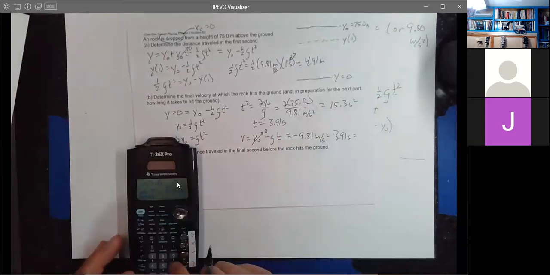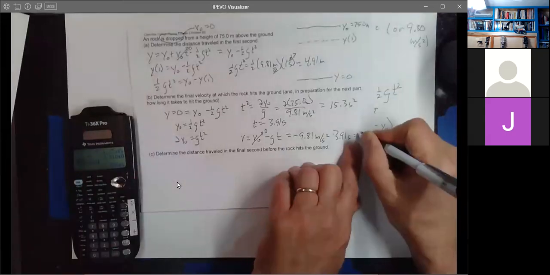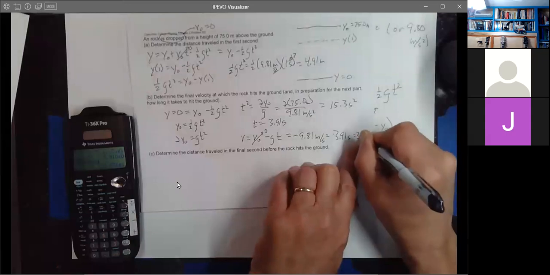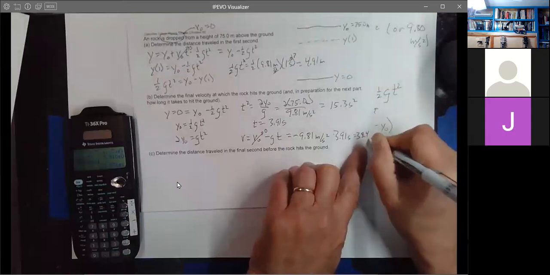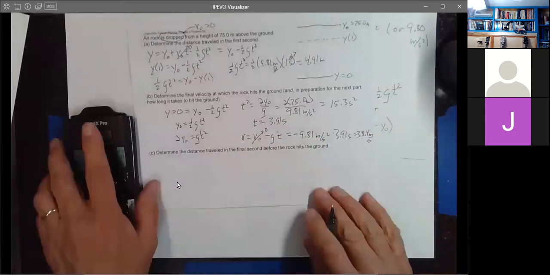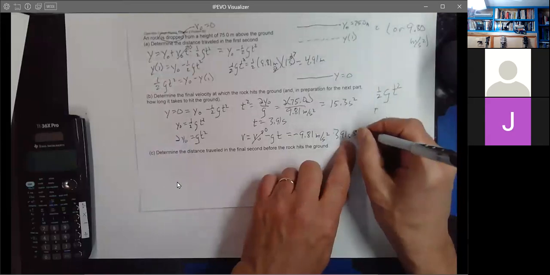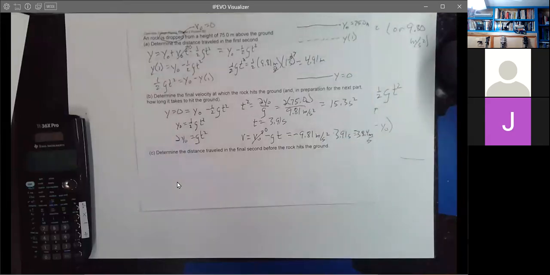And it looks like about 38.4 meters per second. And whoops, with a minus sign, because it's headed down.